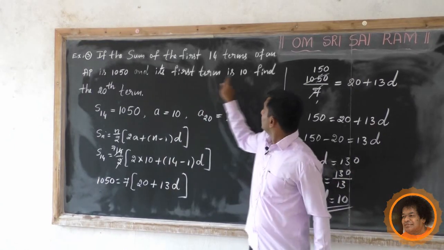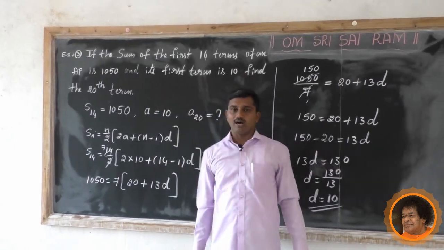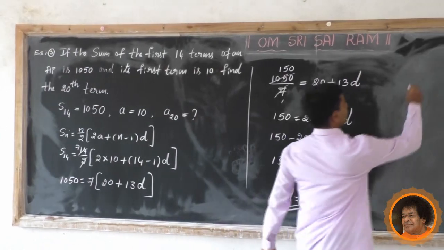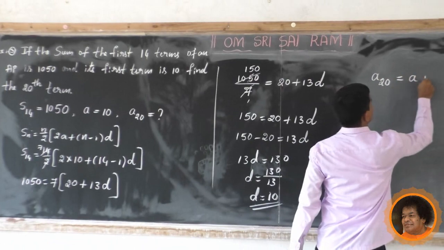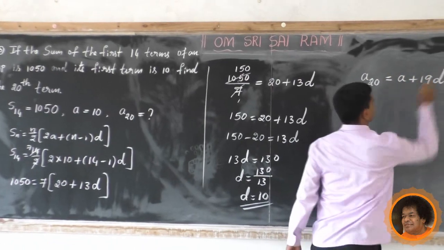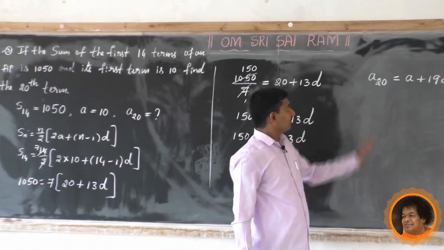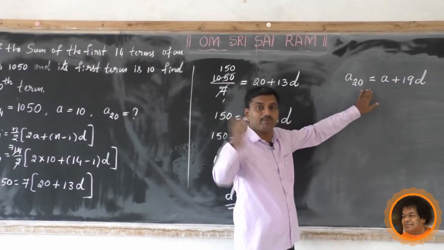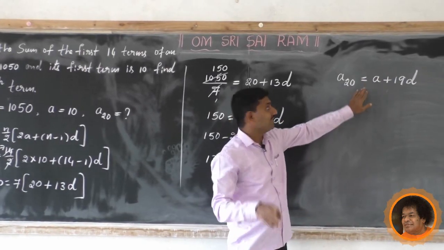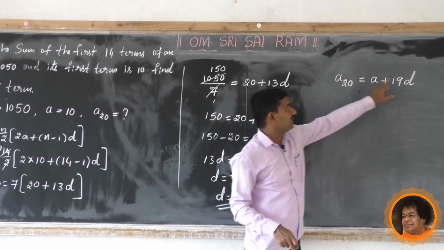The question: find the 20th term. How to find the 20th term? A20 equal to a plus 19d, from the formula An equal to a plus n minus 1 into d. A is the first term, n is 20, minus 1, that is 19d.